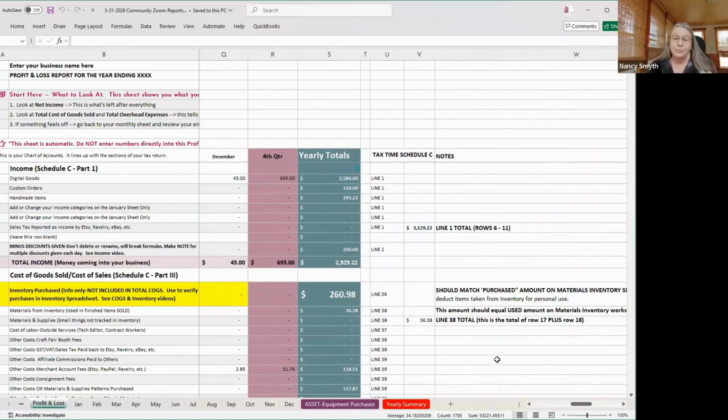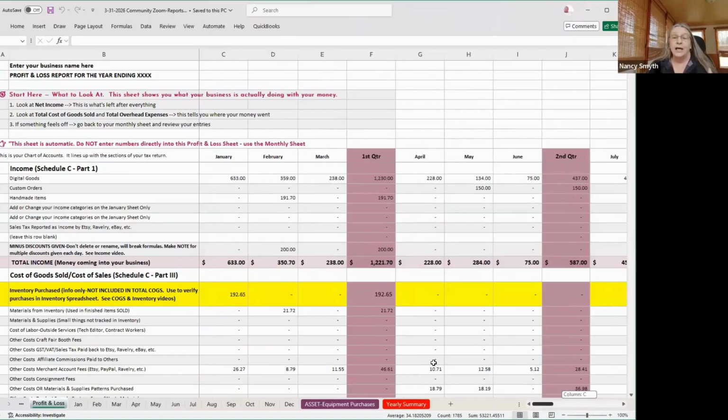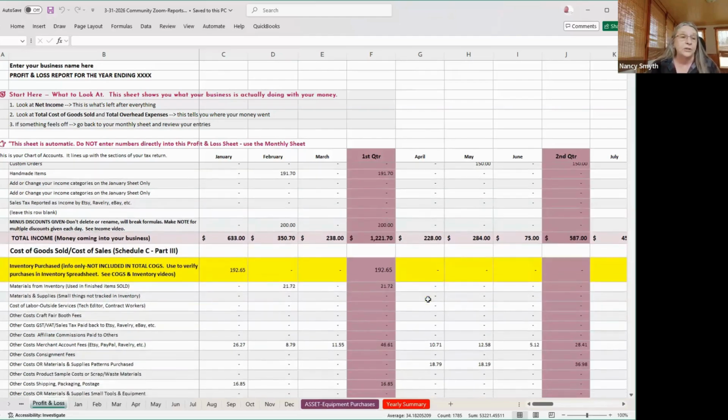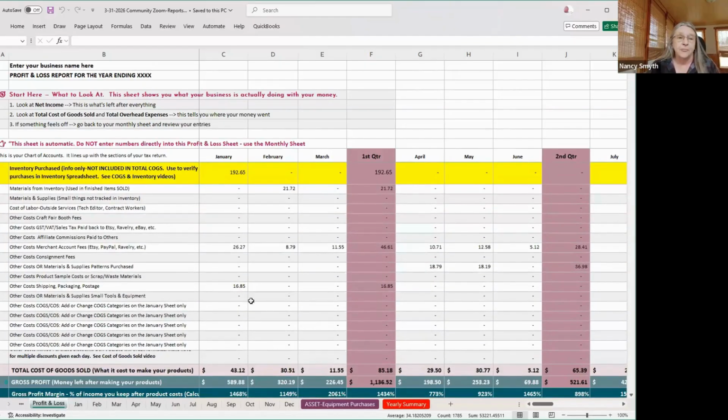So that was a big piece. I don't have to go anywhere. I don't have to go looking at the inventory spreadsheets to see what I spent for the current year because it's right here. I also made sure that when it started calculating cost of goods, that it did not include the amount I spent on inventory.